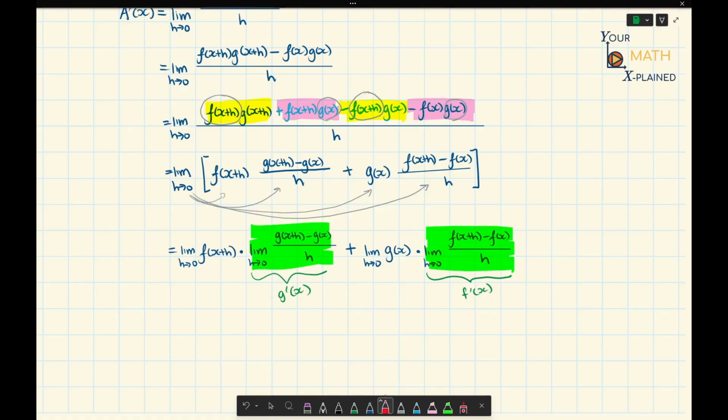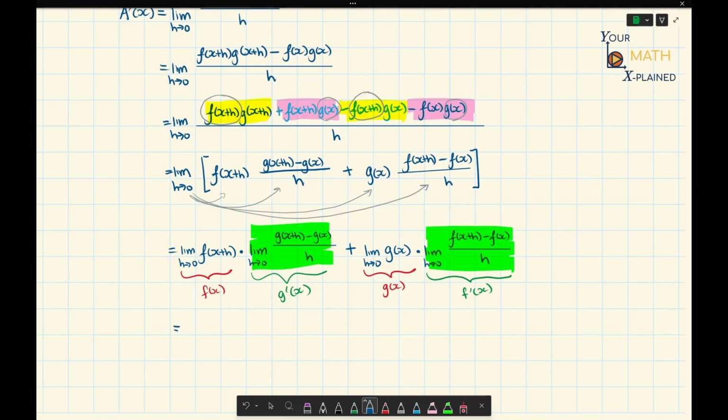The limit as h approaches 0 of g of x is just g of x since it doesn't depend on h. And for the first one, we're given that f is differentiable, and recall that differentiability implies continuity. So f is continuous, and if f is continuous, we can do a direct substitution. If we substitute in h as 0, this is just f of x.